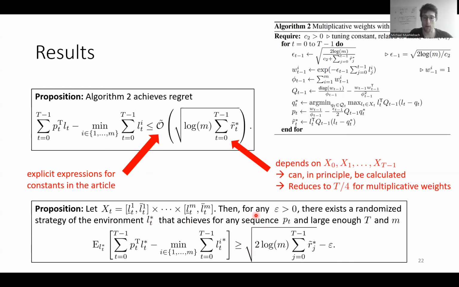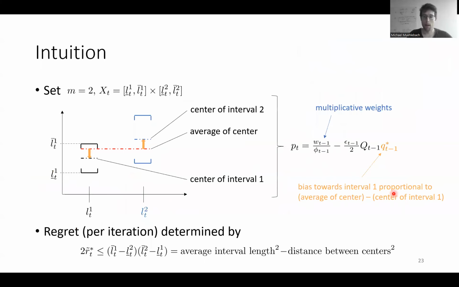And the lower bound scales with the same term, log M times the sum of this quantity here. So it seems that this is the right quantity that captures the case where you have this sequence of constraints.